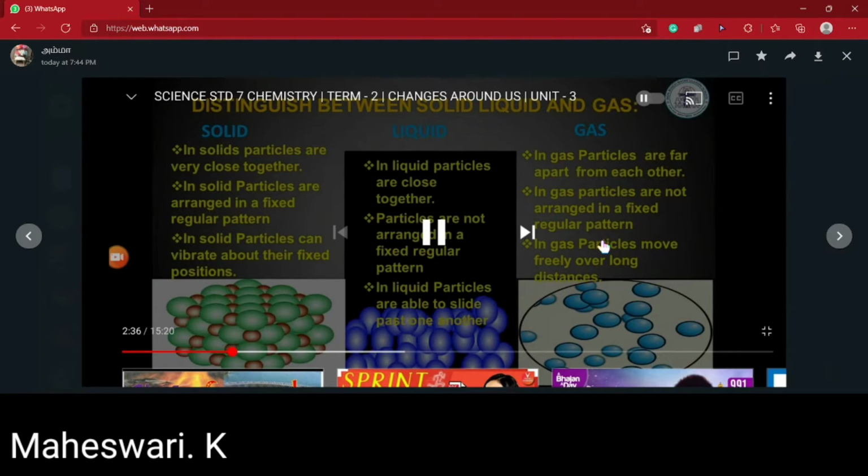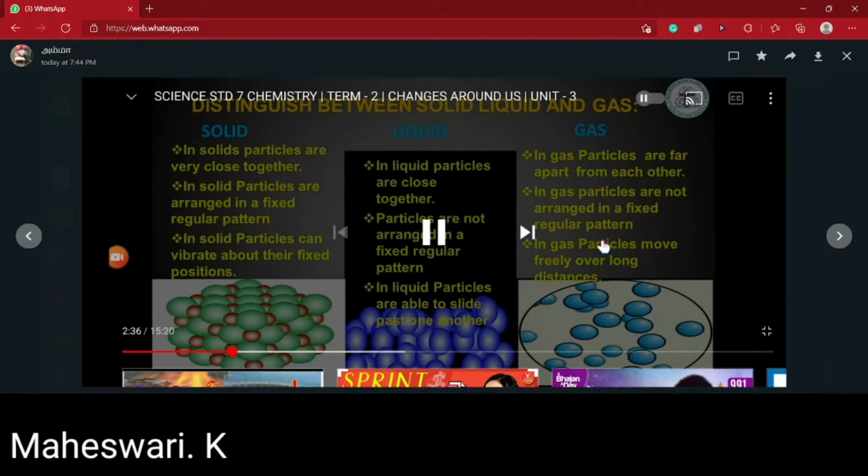Next, we are going to discuss the distinction between solid, liquid and gas. Solid particles are very close together. Liquid particles are close together.